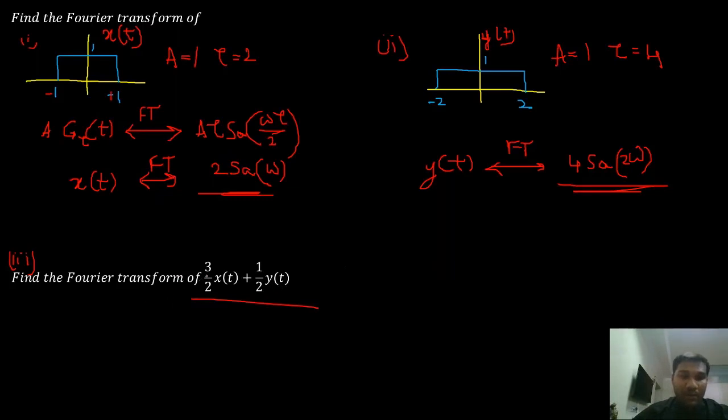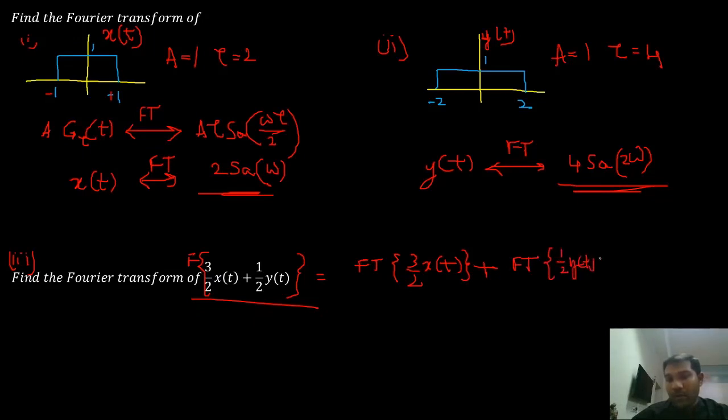So if I take the Fourier transform of this function, F of 3 by 2 x of t plus 1 by 2 y of t, I can write it as the Fourier transform of 3 by 2 x of t plus the Fourier transform of 1 by 2 y of t.